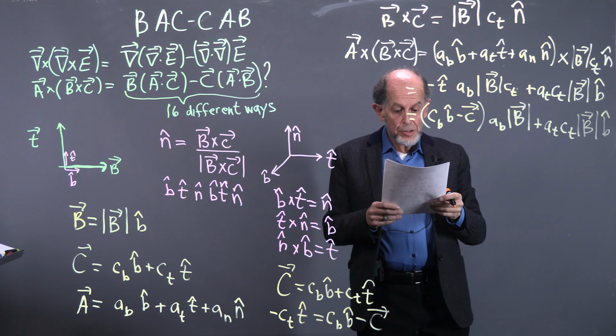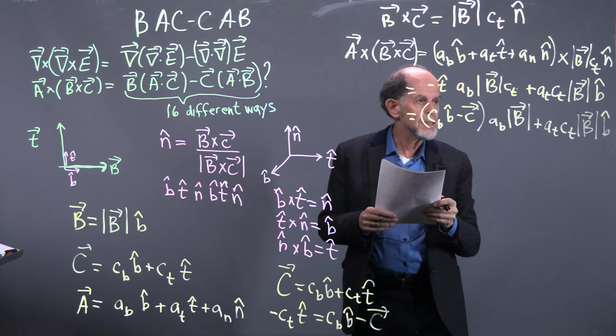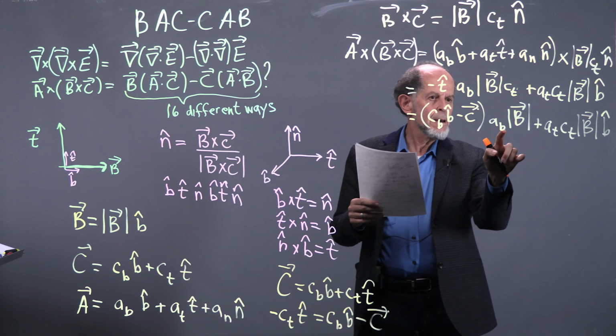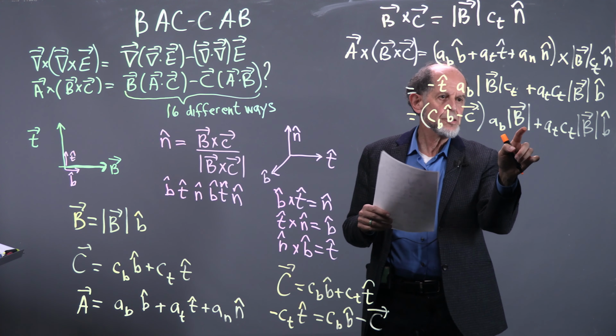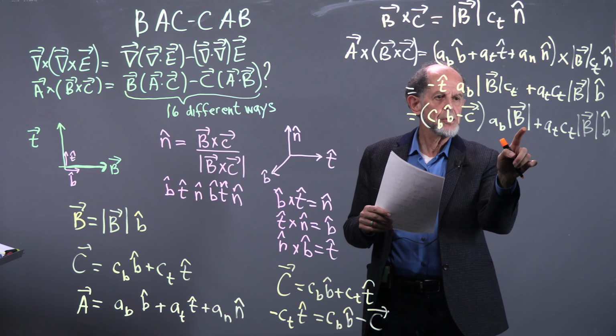Okay, it's now just a straight algebra thing. So what do we see here? Well, we've got a CB B hat with AB times this. So let's combine those terms.